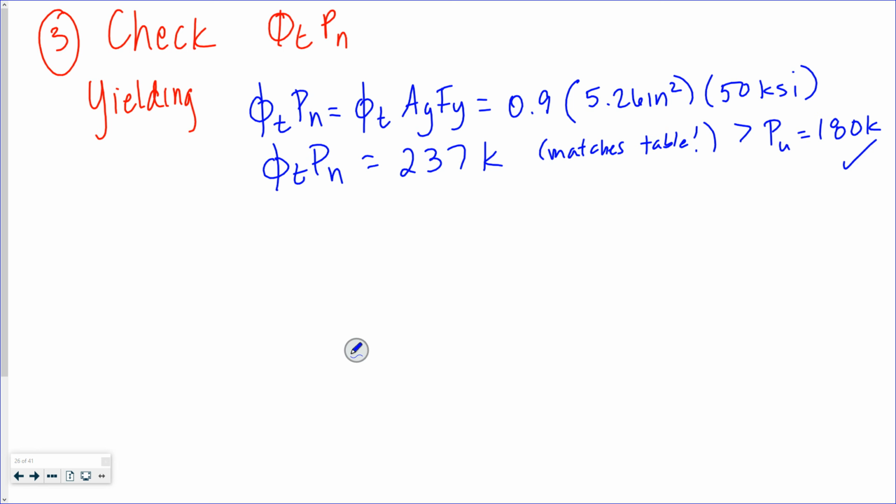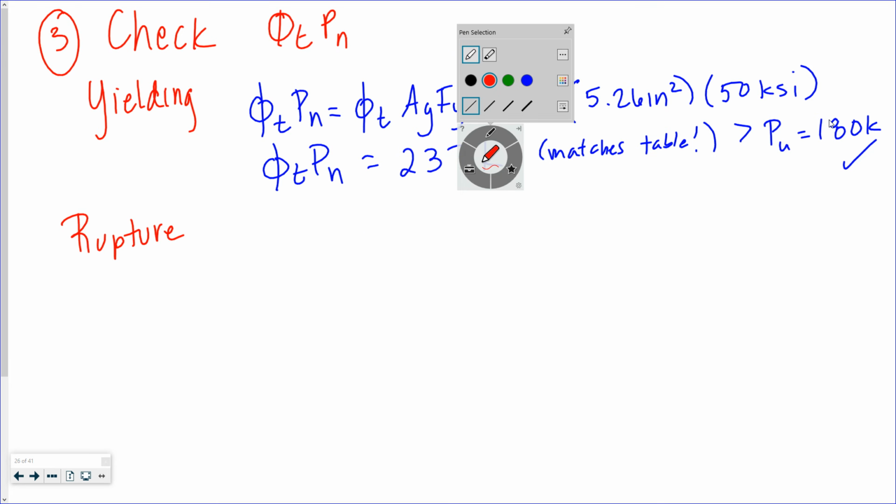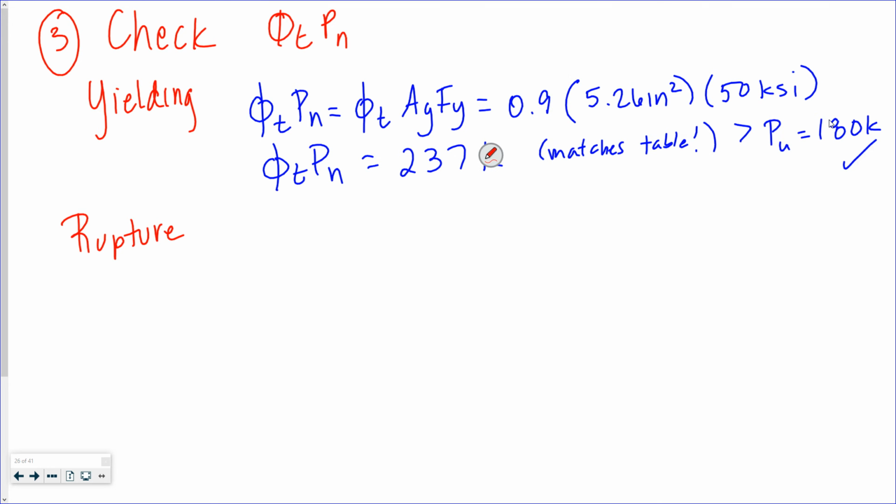Now comes the part of my rupture. I have to calculate my net area, my shear lag factor, my effective net area, and compare it to that 0.75. And if it's less than that, I have to use that number, and it will, to calculate my actual rupture limit state design strength.